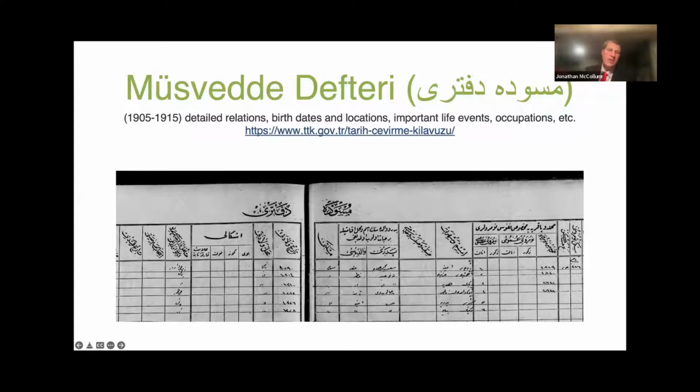Now, this is something that's important to note, is that these records are kept with the Rumi calendar. Now, the Rumi calendar was a calendar developed within the Ottoman Empire and utilized by the Ottoman state. Its starting date is the Hijra, so similar to the Hijri calendar, the Islamic calendar.